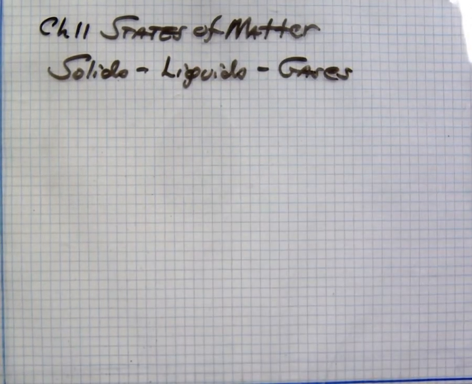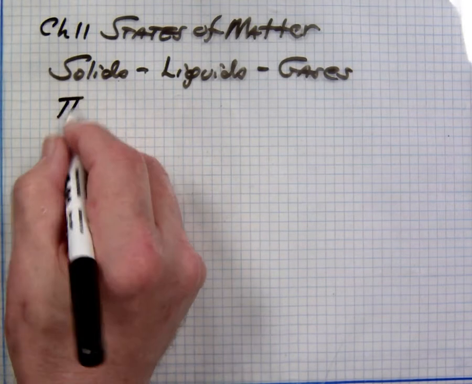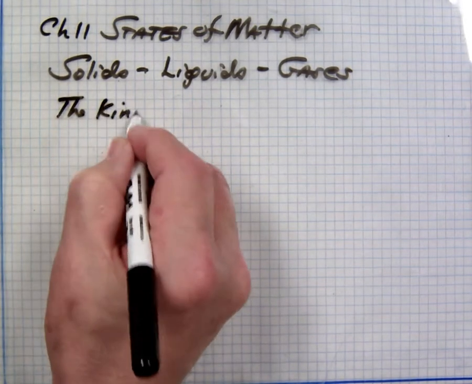So in the concept that we're about to talk about, we need to understand and compare what differences there are in solids, liquids, and gases in terms of the kinetic molecular theory.